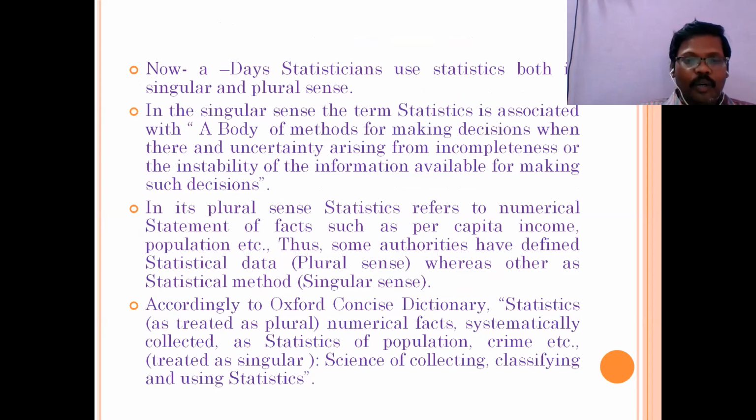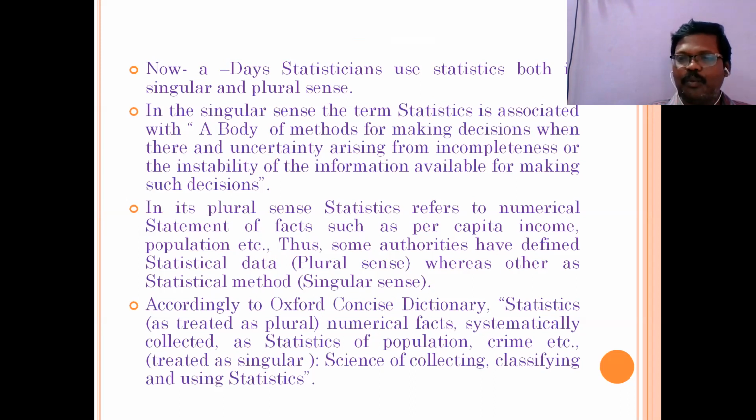In the plural sense, statistics refers to the numerical statement, the whole data. It is not an individual statement, it is a societal statement. And facts such as per capita income, population, and district income or state income or national income, inflation.